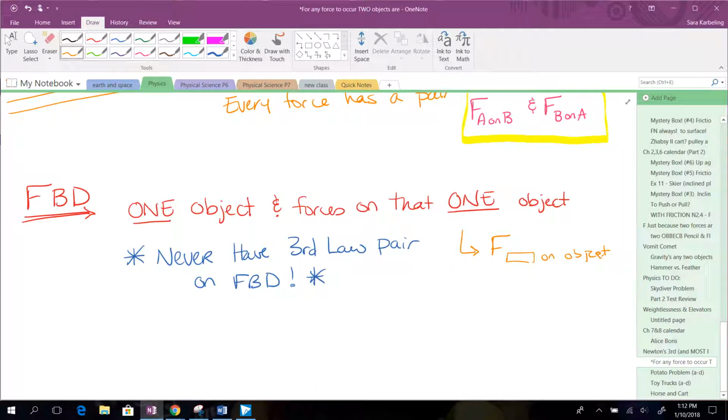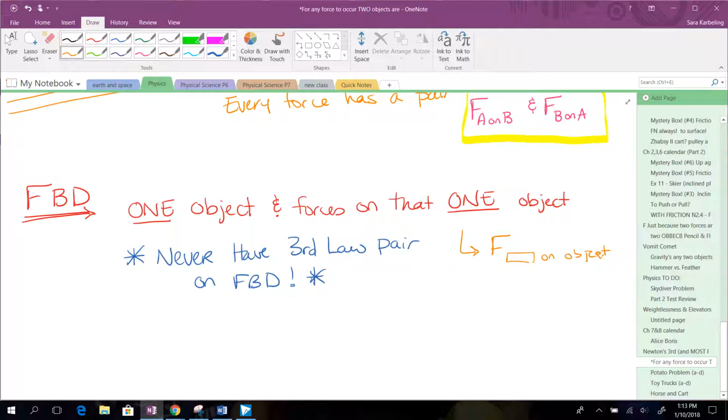Are you okay with that? So what I think Tatum is saying is, this one says force of earth on bug. This one says force of car on bug. So these are both acting on what? The bug. This force that we drew here is acting on the earth.